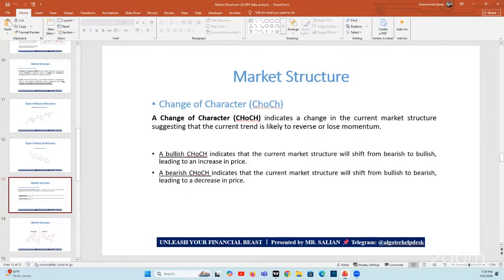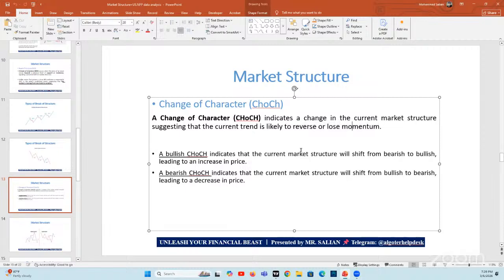A break of structure is just breaking the structure before that. But the change of character, it's now the switch. The trend is switching. A change of character indicates a change in the market structure, suggesting that the current trend is likely to reverse. Very easy.